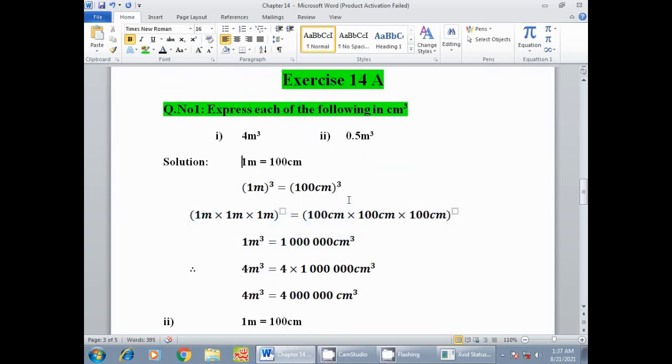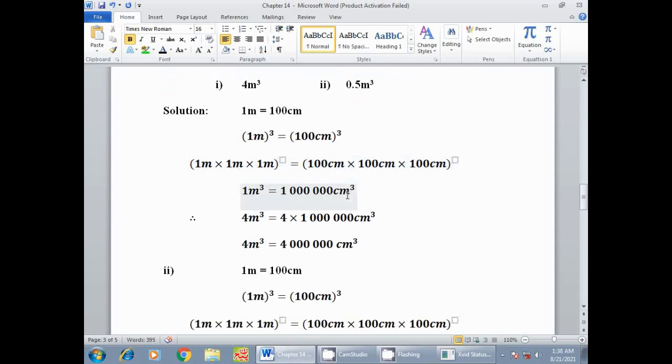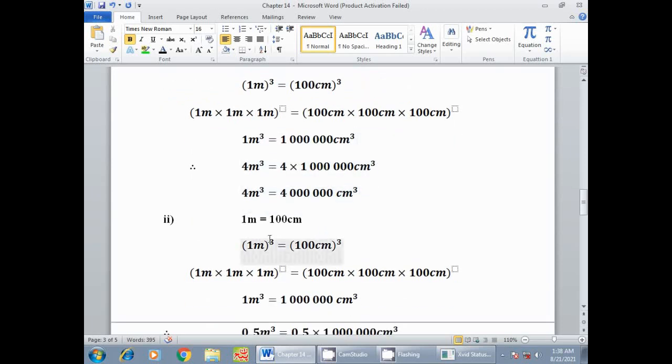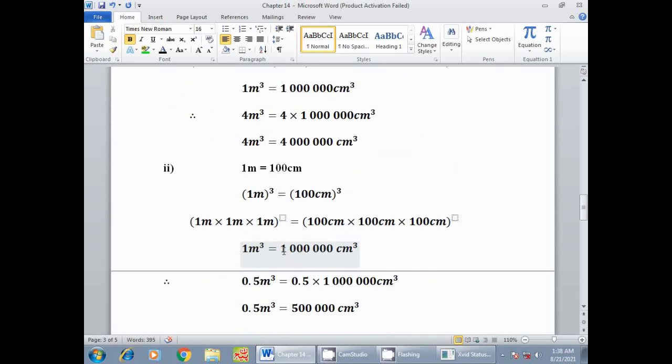Second part from this question is to express 0.5 cubic meters in cubic centimeters. Once again, we know that 1 meter equals 100 centimeters. By taking cube of both sides, 1 meter whole cube equals 100 centimeter whole cube.